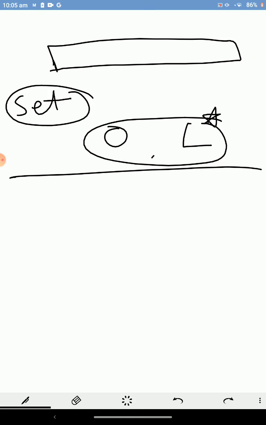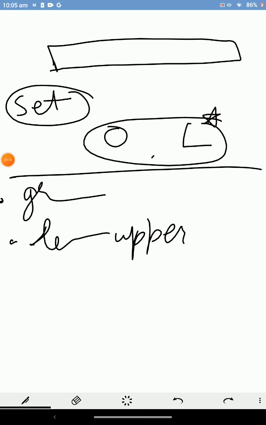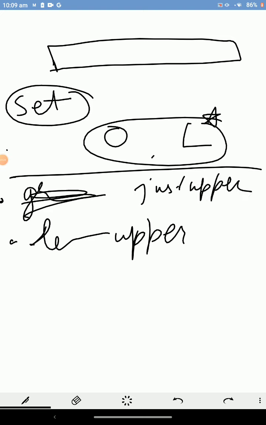First is the just greater function, called upper, and the second function would be the just lesser function, called lower.